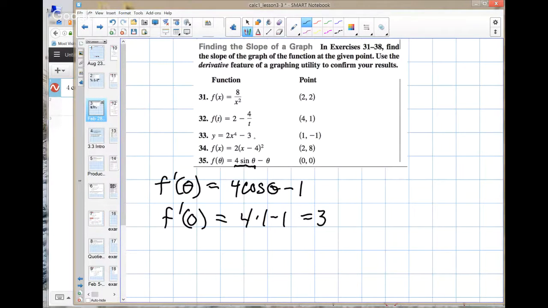So now that we know the slope is 3, they didn't ask you to do this, but I want to do it to demonstrate on Desmos a little bit better. And we found the slope is 3. And then we have the point 0, 0.